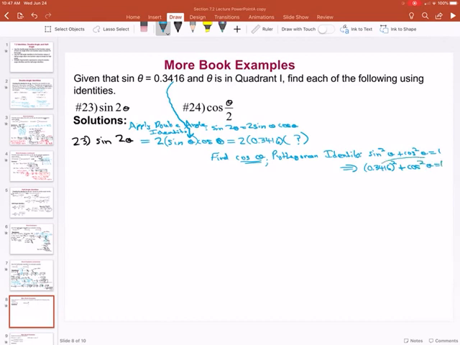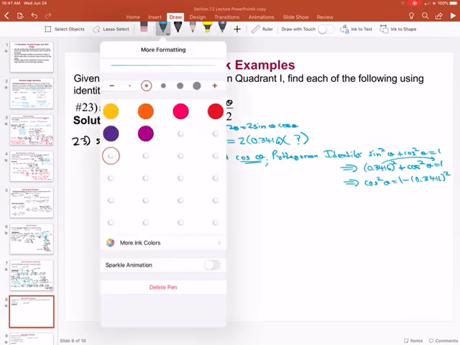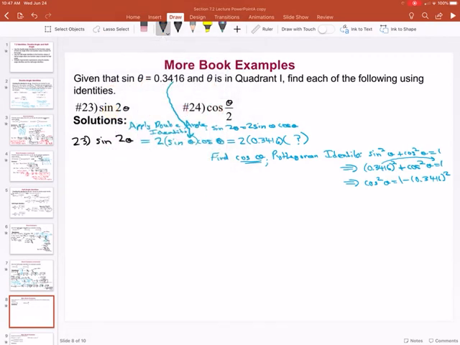And then we can subtract that over, right? So that implies cosine squared theta equals 1 minus 0.3416 squared. And then we take the square root, and we'll have cosine's value, which is what we're looking for.